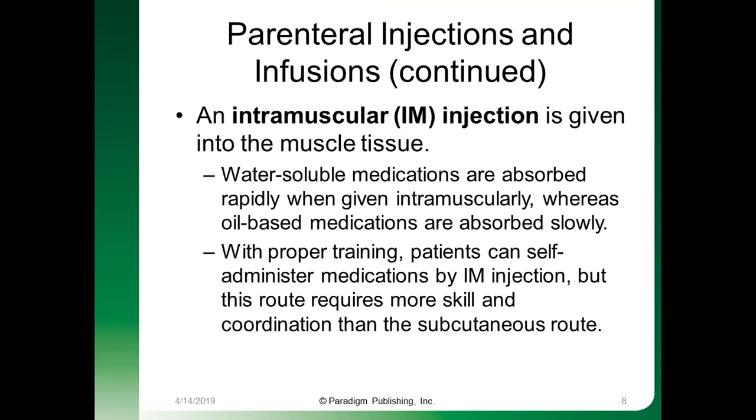Water-soluble medications are absorbed rapidly when administered intramuscularly, whereas oil-based medications are absorbed slowly, which makes you think that oil-based medications are the ones that are going to hurt the most. With proper training, patients can self-administer medications by IM injection, but this route requires more skill and coordination than the subcutaneous route.